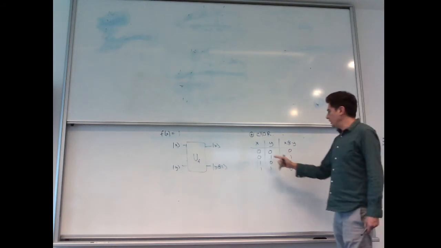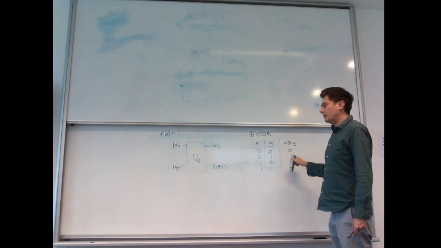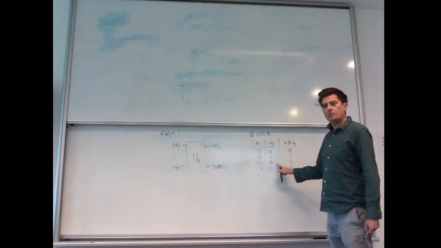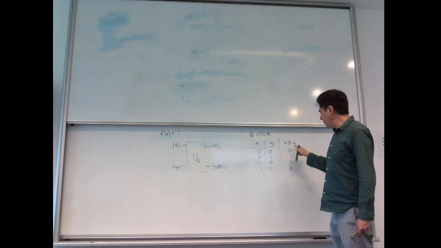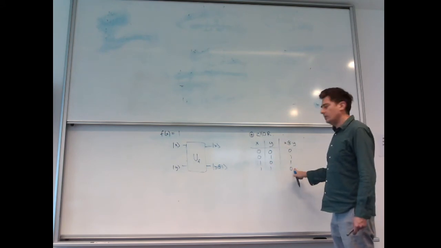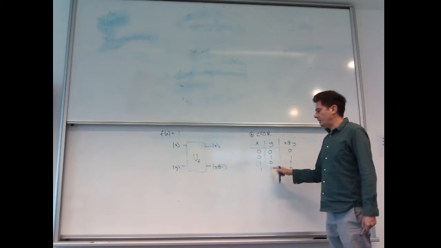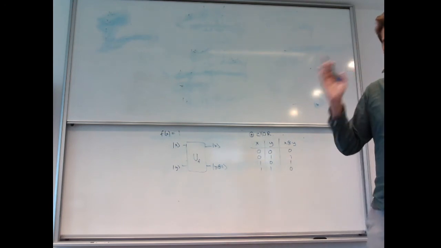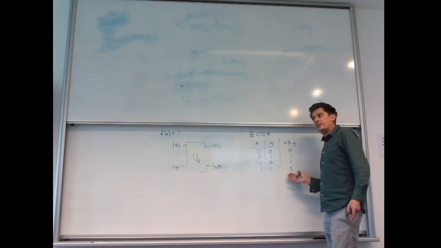Normal OR is true if one of these is true, so this would be 1, but for exclusive OR this one is actually 0, because exclusive OR needs to be strictly one or the other. So if both are true, then that's not really XOR.